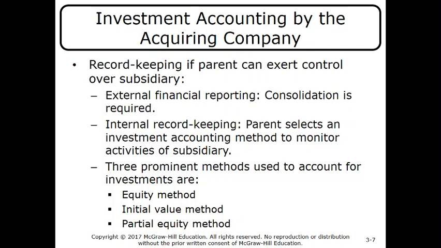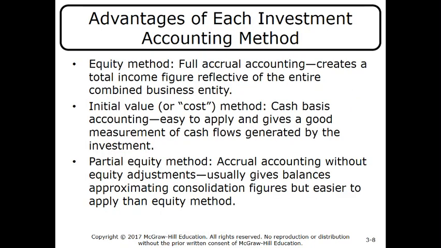Now, the equity method is just like what you saw in Chapter 1. With full accrual accounting, you record your investment initially. When the subsidiary earns income or reports earned income, the parent records their portion of the sub's income. So that would be an increase in their investment account.